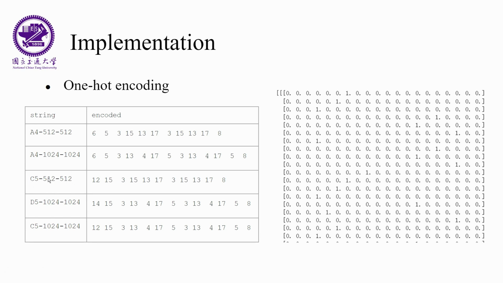Totally, there are 20 kinds of characters. So after one hot encoding, the dimension of each vector should be 20, and it will be something like this.